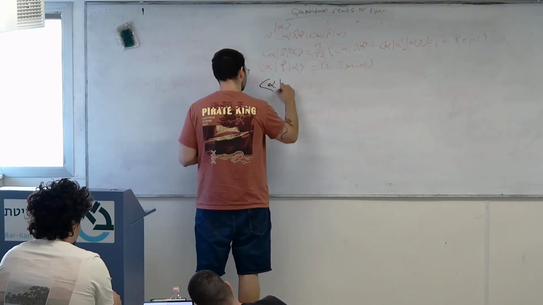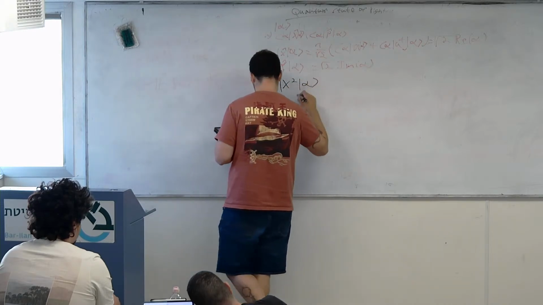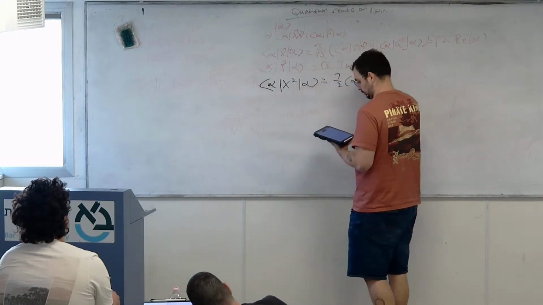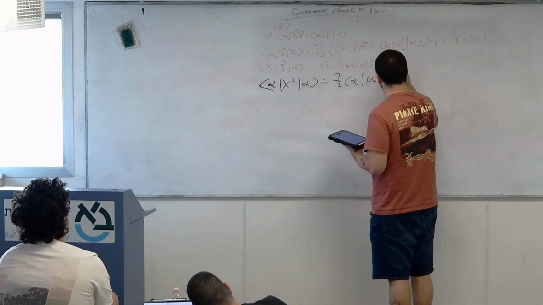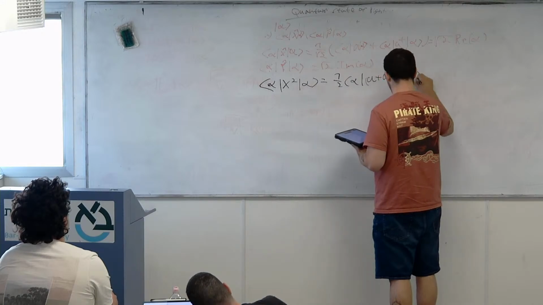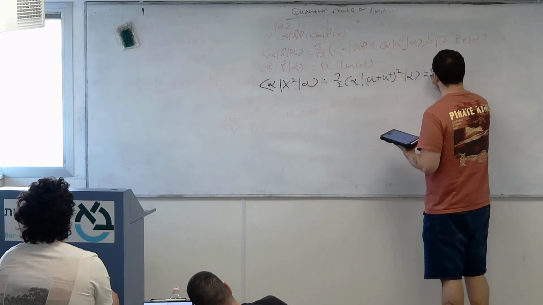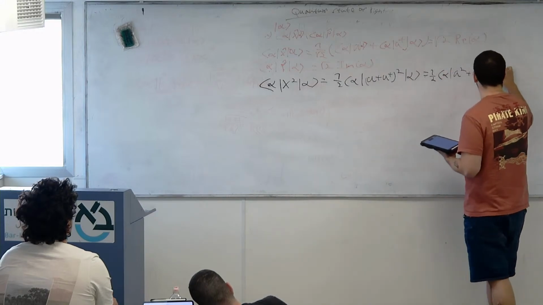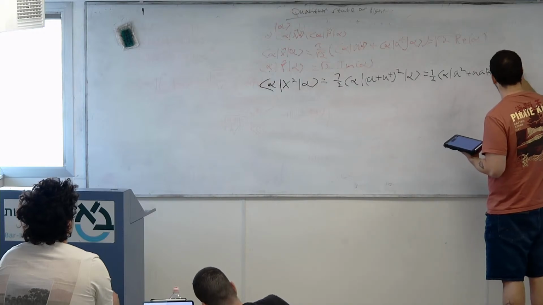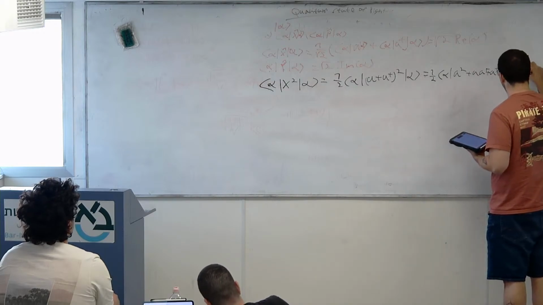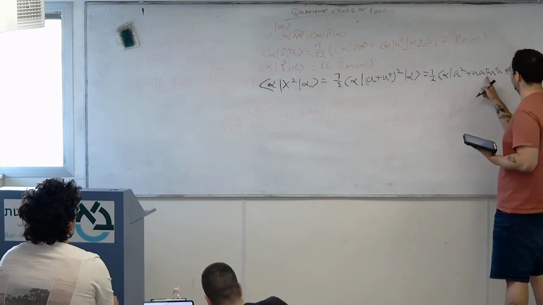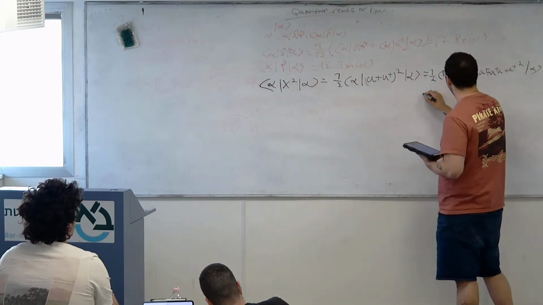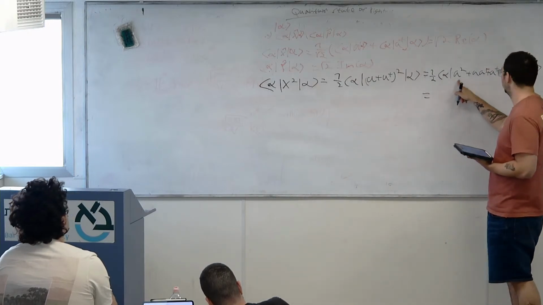So alpha x squared alpha will be equal to 1/2 alpha (a plus a dagger) squared alpha, right? That is 1/2 alpha (a squared plus a dagger a plus a a dagger plus a dagger squared) alpha. Again, note I didn't combine the two middle terms because they don't commute. This one will be alpha squared.